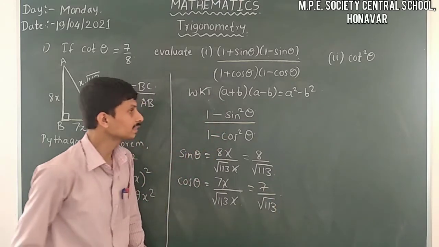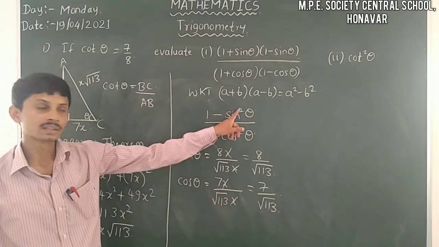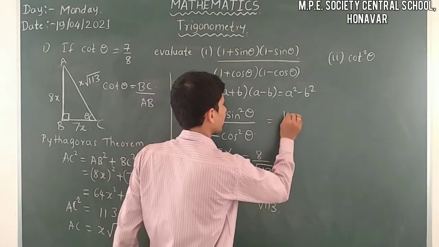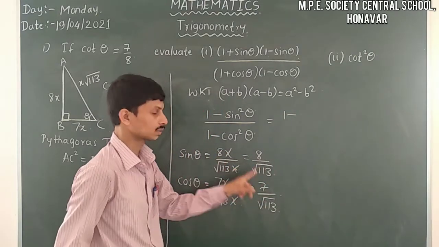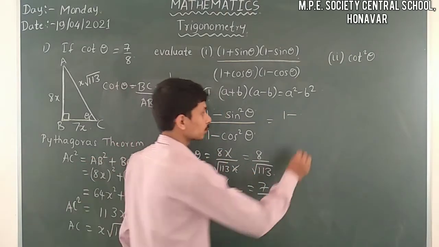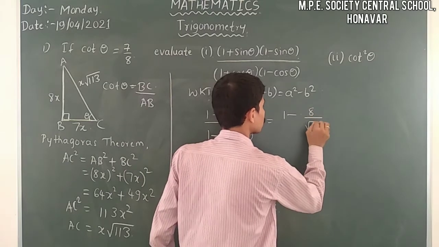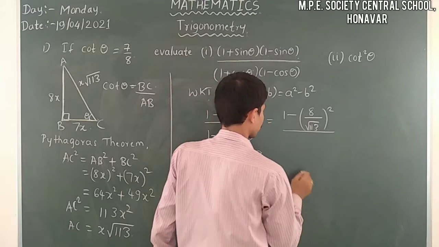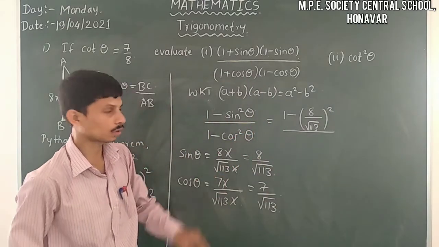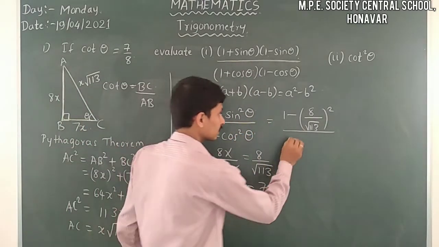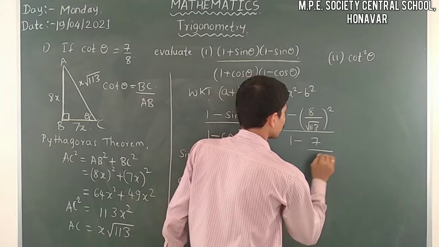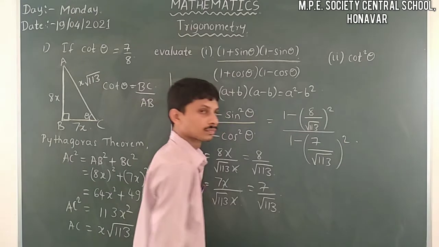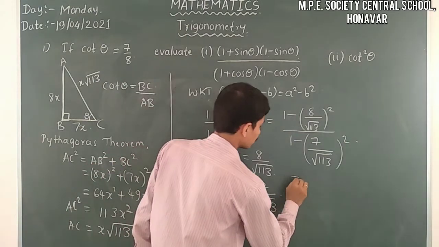Just substitute all these values in this equation. It is 1 minus sin square theta, that is 8 by root 113 whole square, divided by 1 minus cos square theta, that is 1 minus 7 by root 113 whole square. Then simplify the terms.